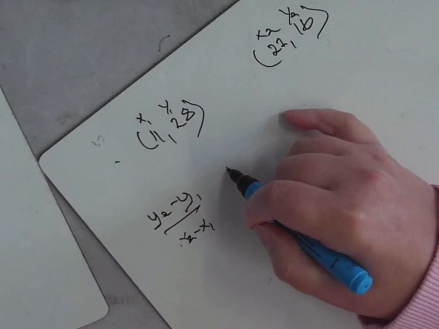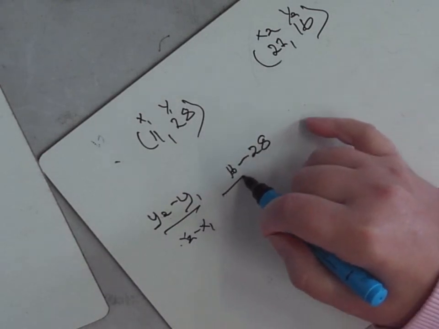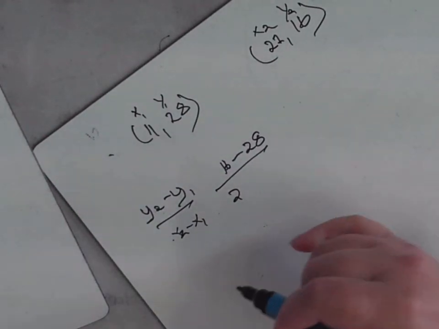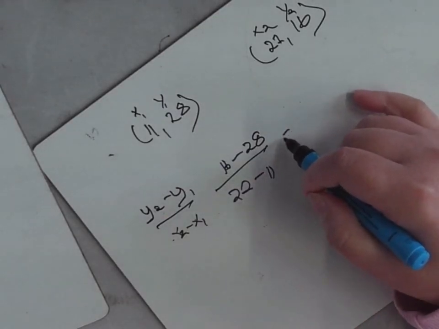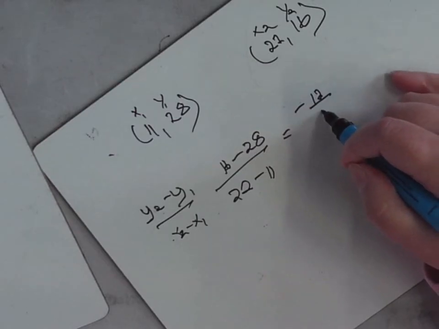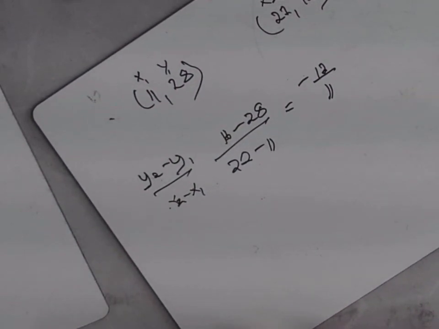So that's 16 minus 28 all over 22 minus 11, okay, so that's minus 12 over 11, is my slope, is Alva's slope.